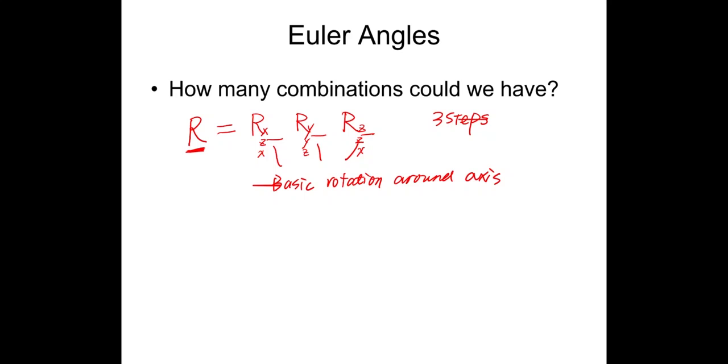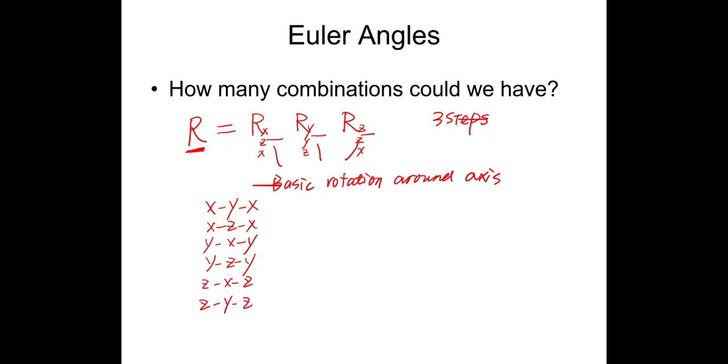So in total, how many combinations do we have? We have x, y, x and x, z, x. If we do y first, that is y, x, y and y, z, y. And if we do z first, z, x, z and z, y, z.